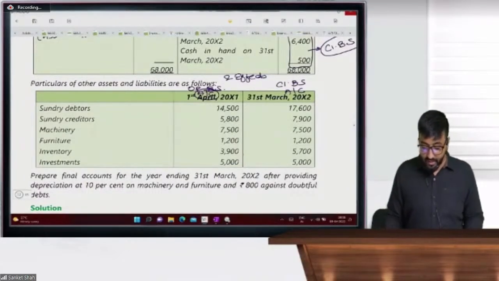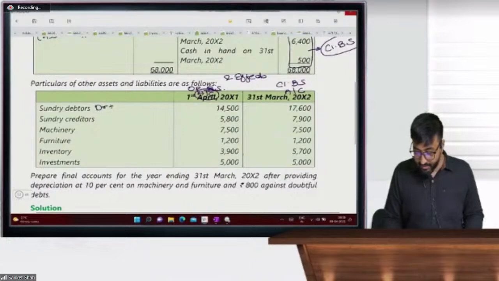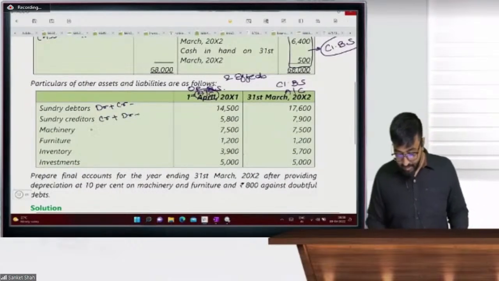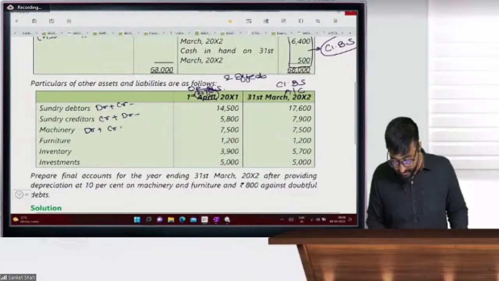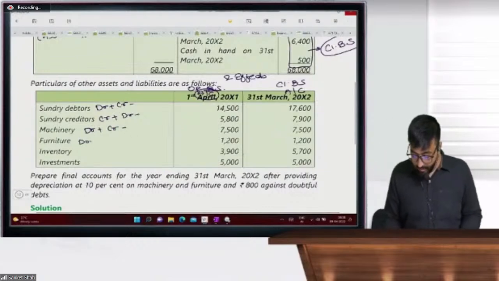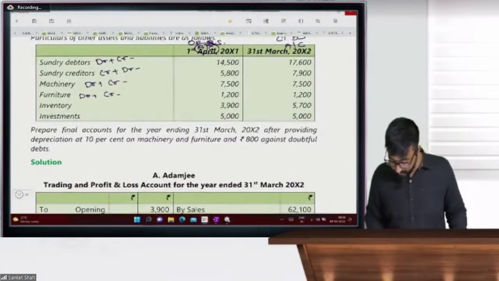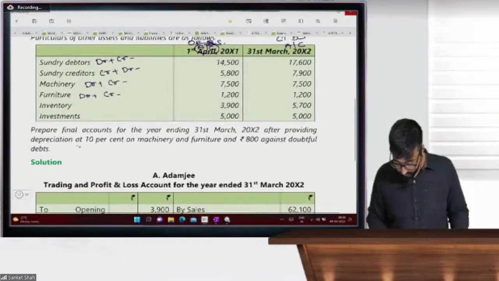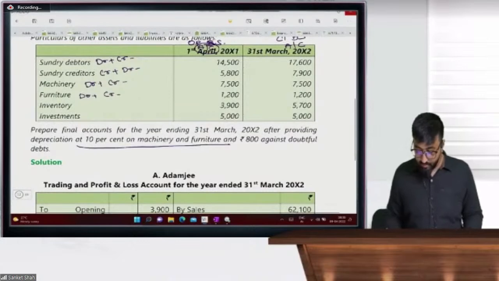So sundry debtors, debit plus credit minus, then creditors, credit plus debit minus. Machinery, debit plus credit minus. Furniture, depreciation किसके ऊपर है? Furniture and machinery. So let it be better.